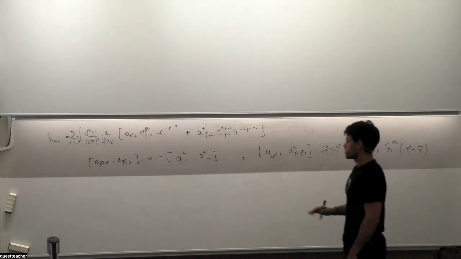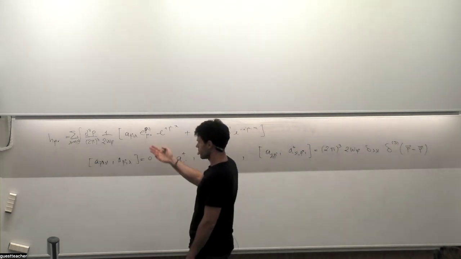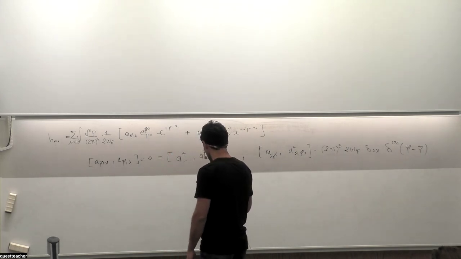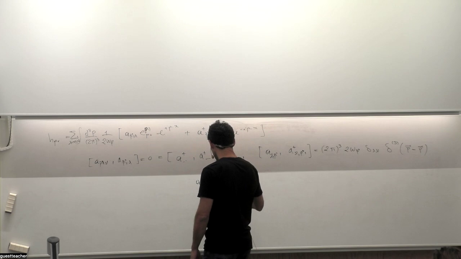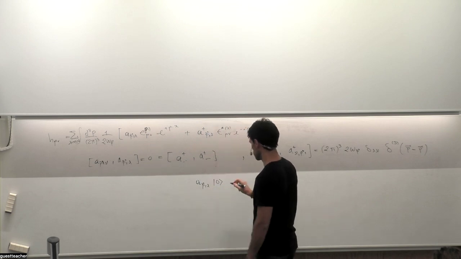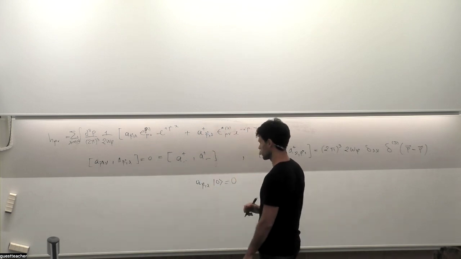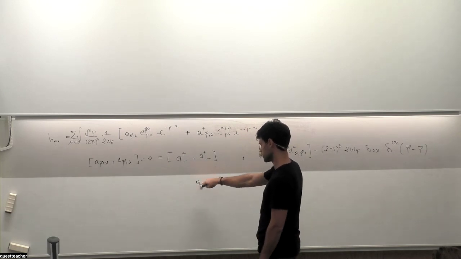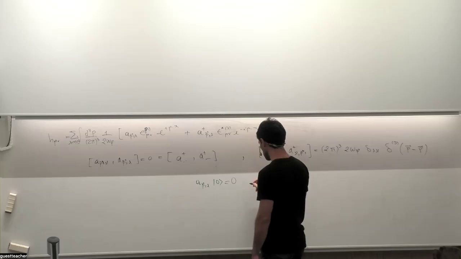Okay, now this allows you also to define a vacuum state in the free theory. At least you can say, okay, for instance, I want to define my vacuum state, the unique Poincare invariant state that is annihilated by this annihilation operator.